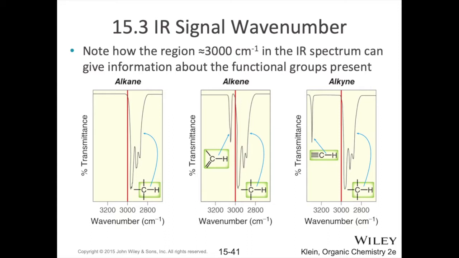We know that if we have an sp3 hybridized carbon, in other words, an alkane, those carbon-hydrogen bonds will show up at a wave number lower than 3000. But for alkenes and alkynes, where we have a CH bond that's attached to an sp2 or sp hybridized carbon, those are going to show up above 3000. So that's something that helps distinguish those types of bonds.